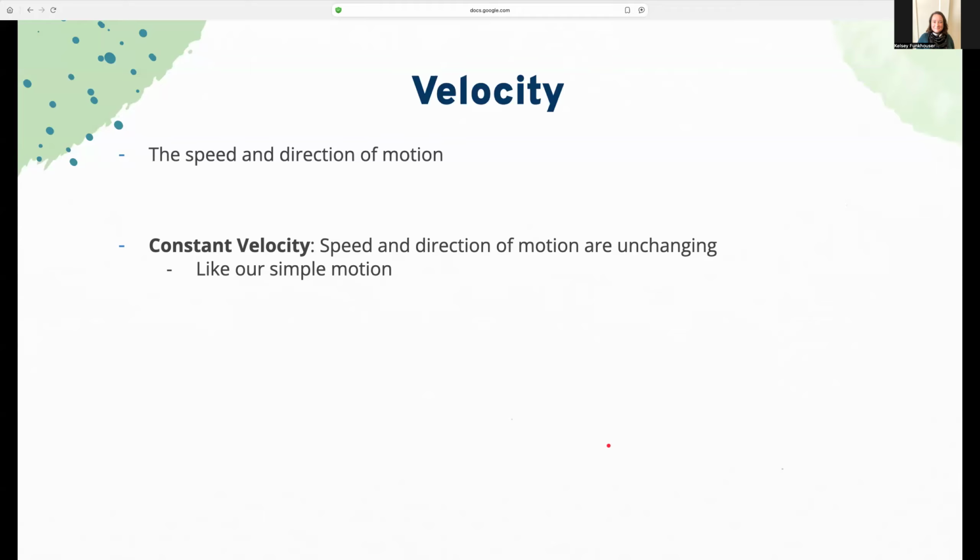So velocity could be not constant if either the speed changes or the direction changes. You could have someone driving around a circular track at a constant speed the whole time, but because they're driving in a circle, their direction is changing, so their velocity is changing even though their speed is constant.